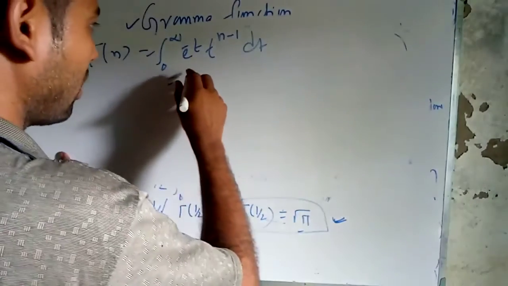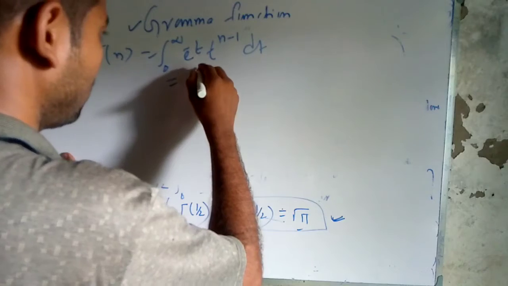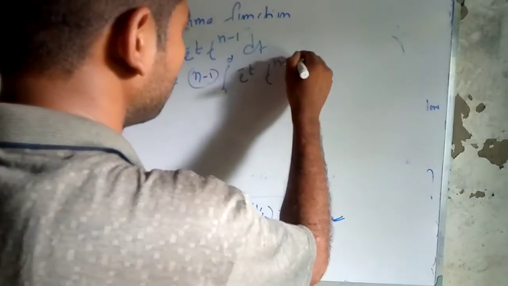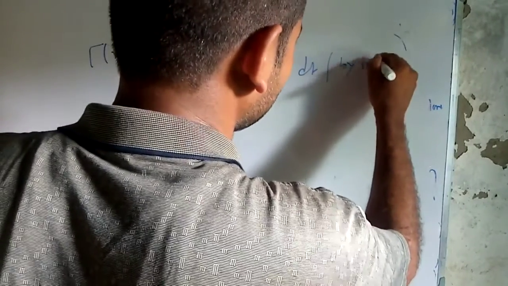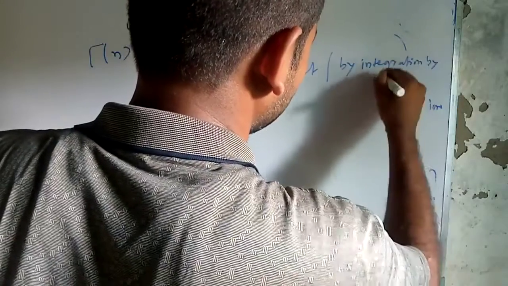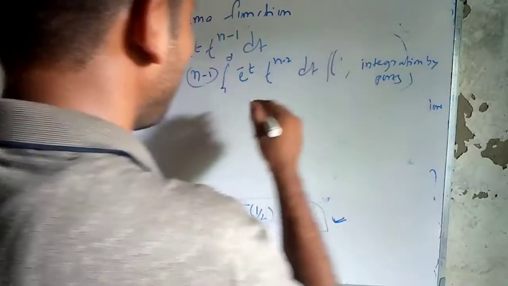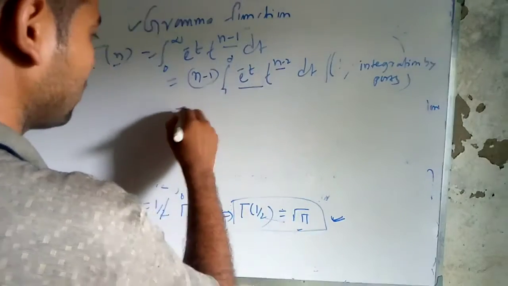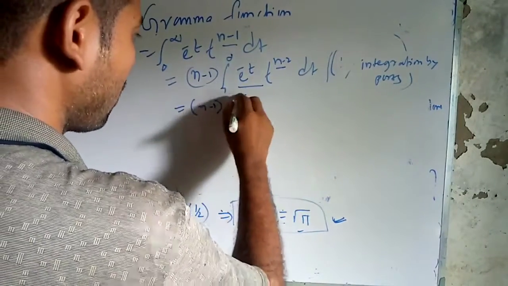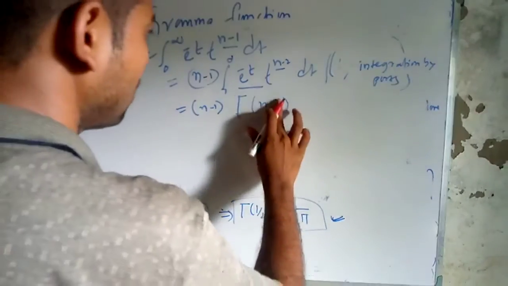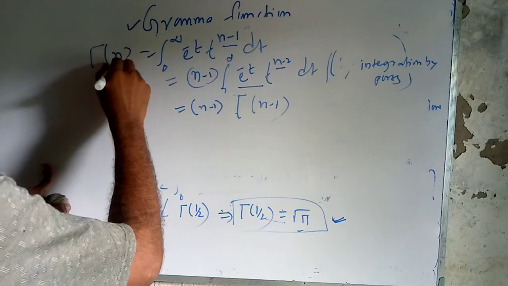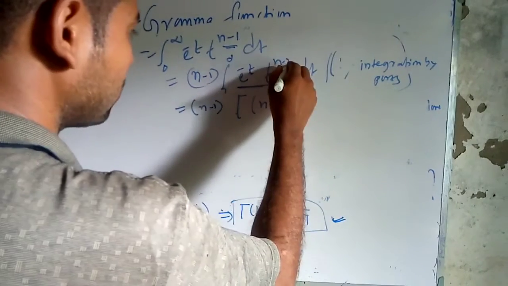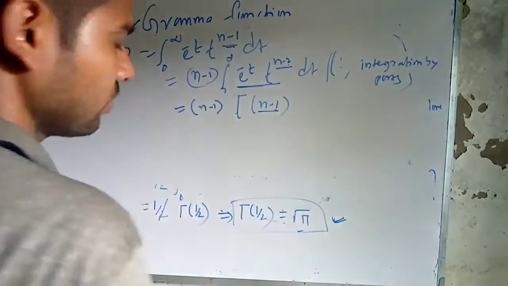Using integration by parts, you can obtain n minus 1 times the integral from 0 to infinity of e to the power minus t times t to the power n minus 2 dt. Hence gamma of n equals n minus 1 times gamma of n minus 1, the same form.